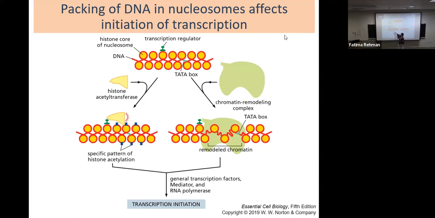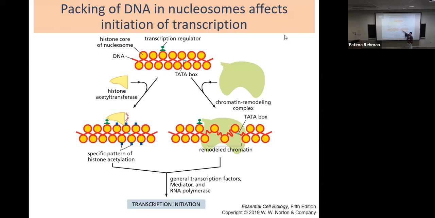So this remodeled chromatin now allows for that TATA box to be visible in order for other proteins to come in, the general transcription factors to come in, the mediator to come in, and polymerase to come in. On the other hand, if you have the transcriptional regulator bound, but you also have an alternate modification in the form of histone acetyltransferase, that's another way that you can create a site that is amenable for transcription.